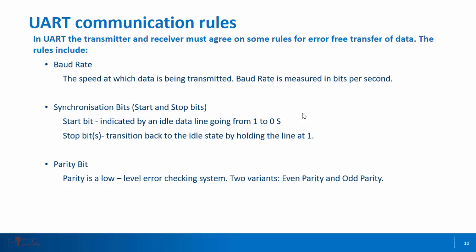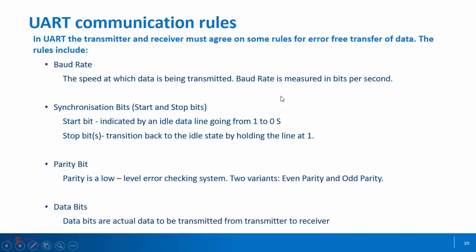Parity bit is a low-level error checking system and it has two variants: even parity and odd parity. And the last one are the data bits. The data bits are the actual data to be transmitted from transmitter to receiver. Length of data bits can be from 5 to 9, but usually the length is 8 bits.